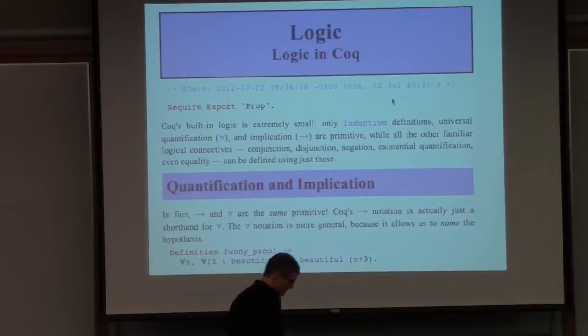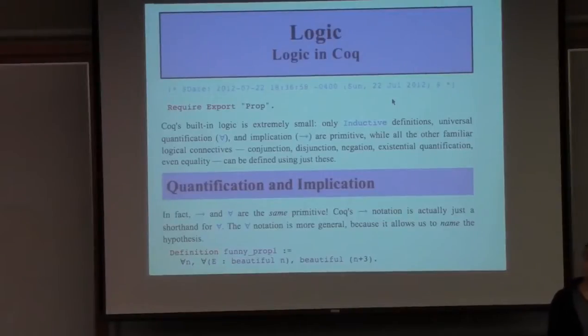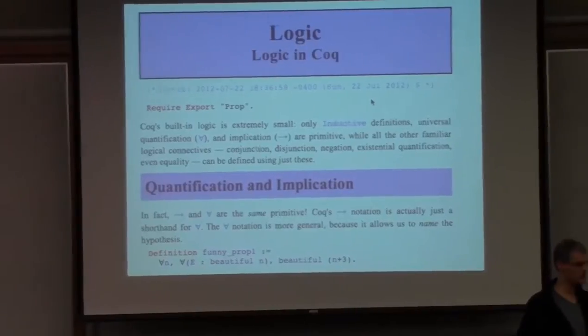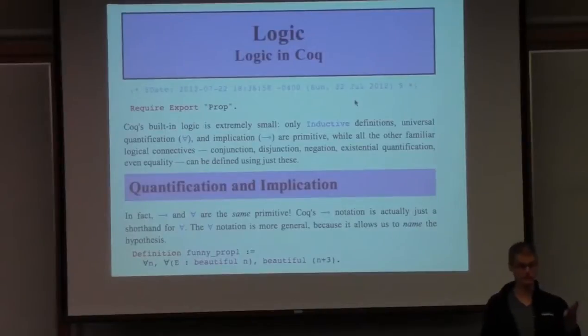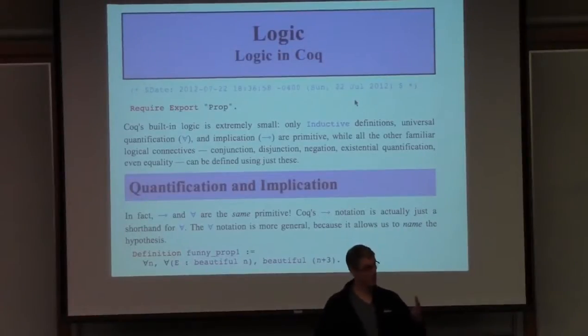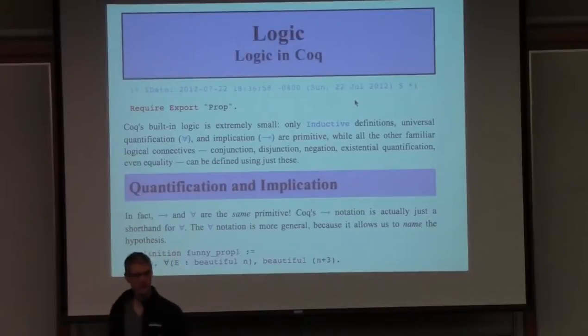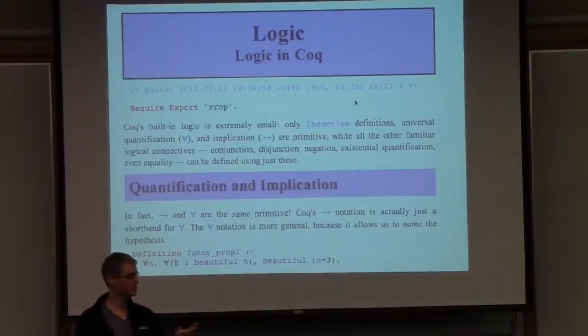So the connectives that we've used so far have been basically implication, quantification, and equality. It turns out that equality is definable. We kind of already know that, but we'll see it in detail here. So equality is definable, so that just leaves implication and quantification, which turn out to be the same thing.